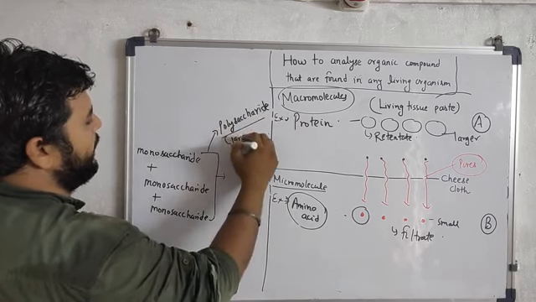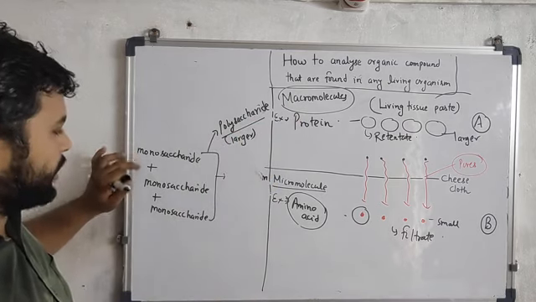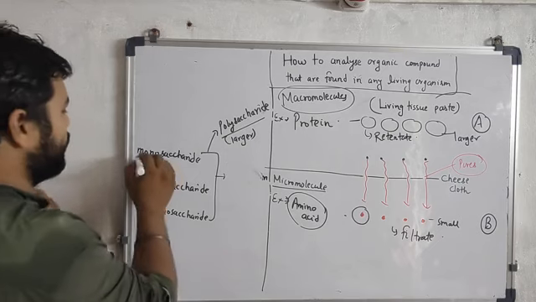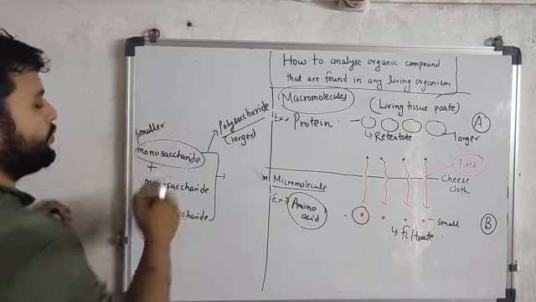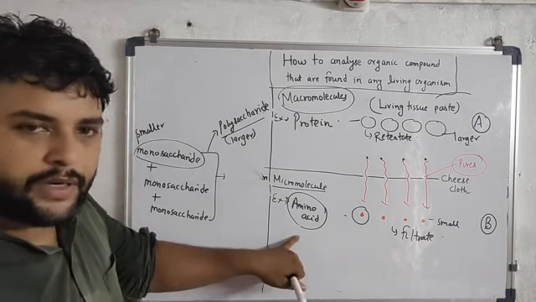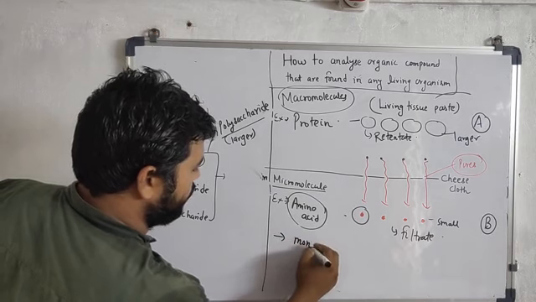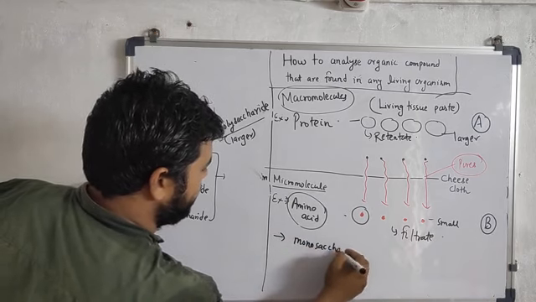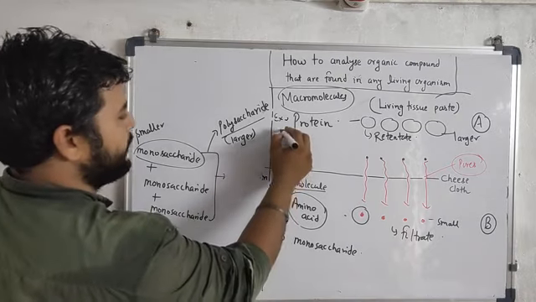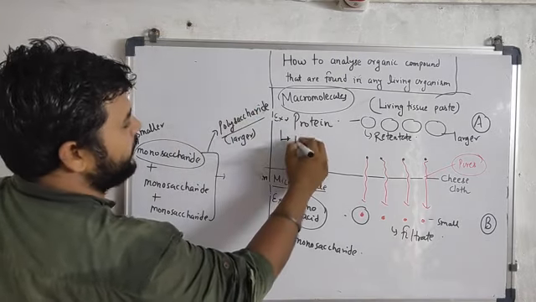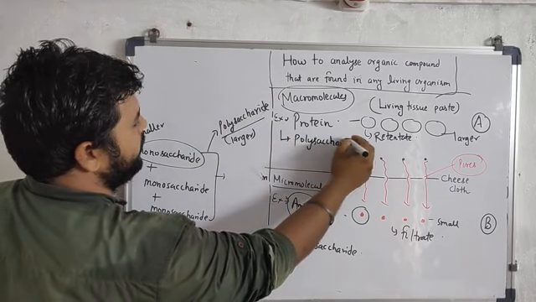This is the larger molecule. Monosaccharide is the smaller unit, so it will be present in the micromolecule, and the larger molecule, the polysaccharide, will be present in the macromolecule section.